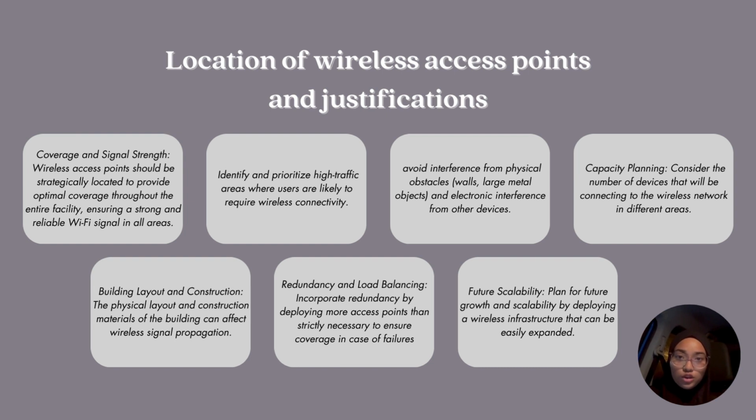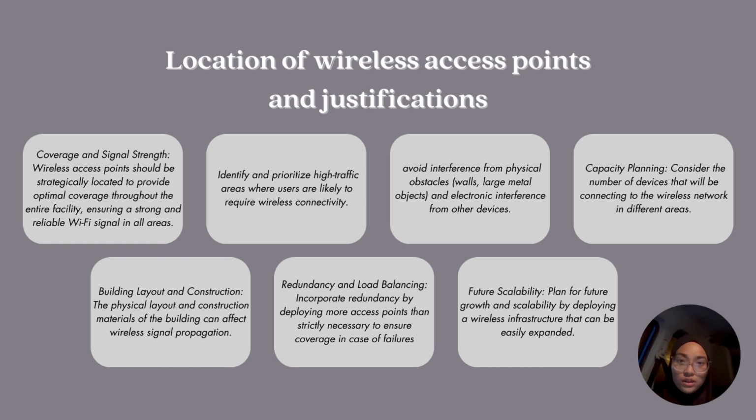Access points should be distributed to accommodate the expected device density, especially in locations with a high concentration of users or IoT devices. For example, diagnostic imaging and operating areas, because they use devices such as X-ray, MRI, CT scan, surgical robots, and monitors.